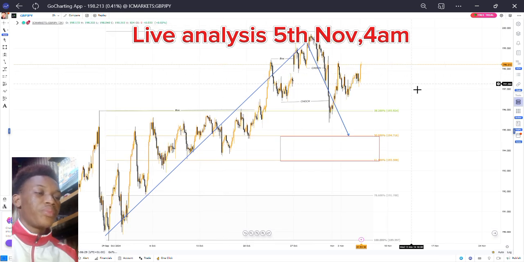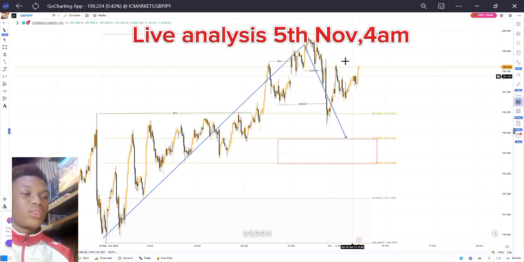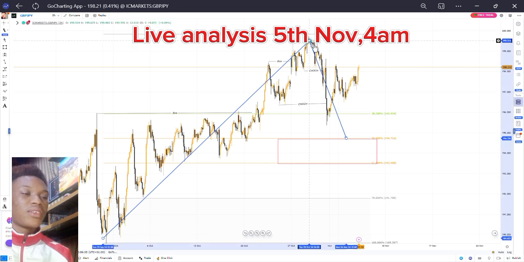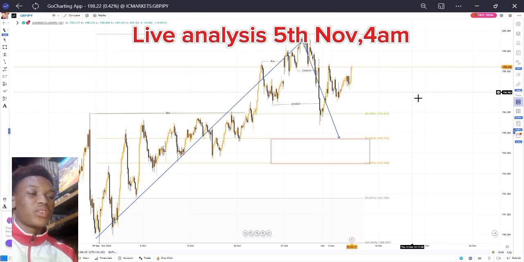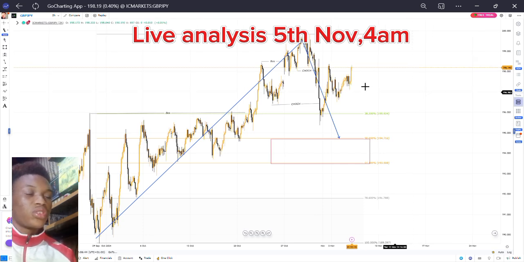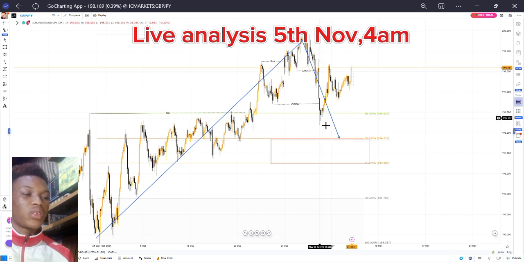So now this is the GBP JPY live forex chart, guys. The current data is printing a pullback. What I should be anticipating on this trend is for the pullback to continue to this level, or to this liquidity point.